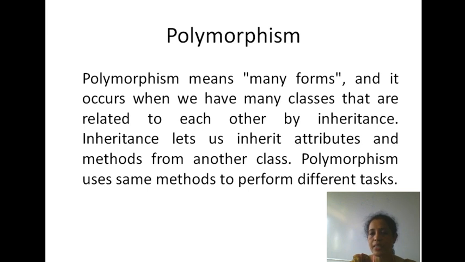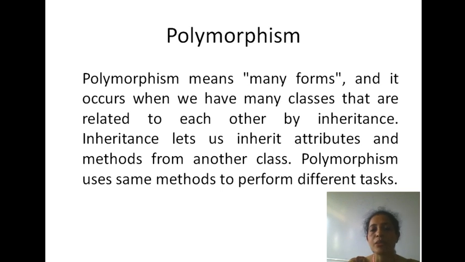In the case of inheritance, we get more than one class, and we can use the same method. When we use the same method name in the base class and the derived class, at that time the same method name means only one method is considered. So if we use the same method name for different purposes, then we get polymorphism.